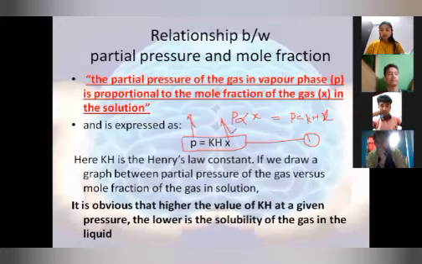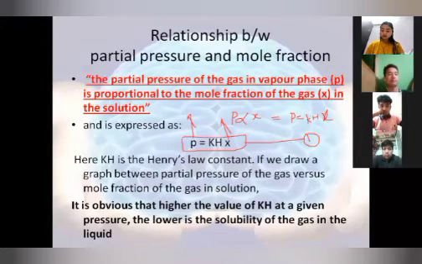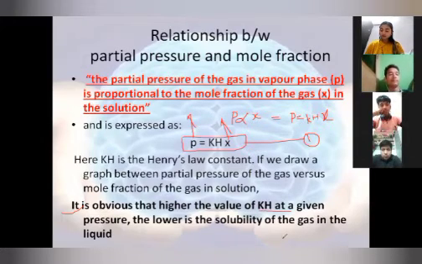With the increase in pressure, the solubility of gas will increase. Graphically, this is called the Henry's law graph. Obviously, the higher the value of KH at a given pressure, the lower is the solubility of the gas in the liquid.